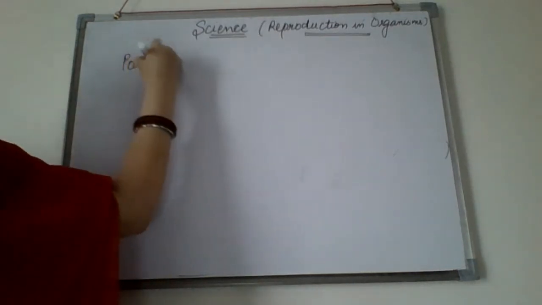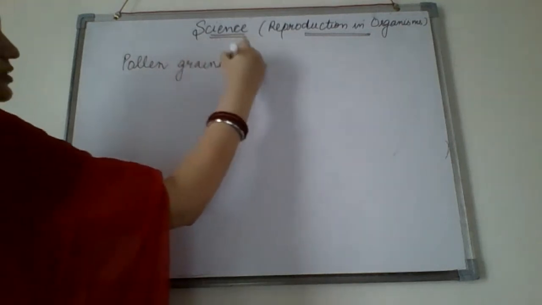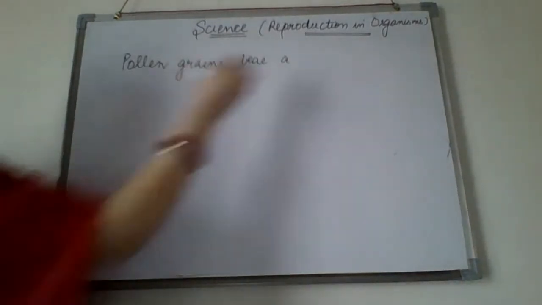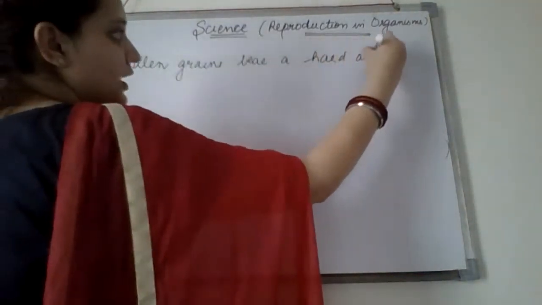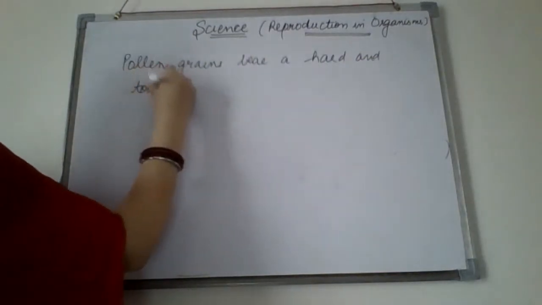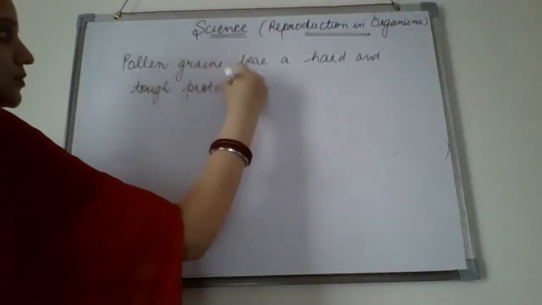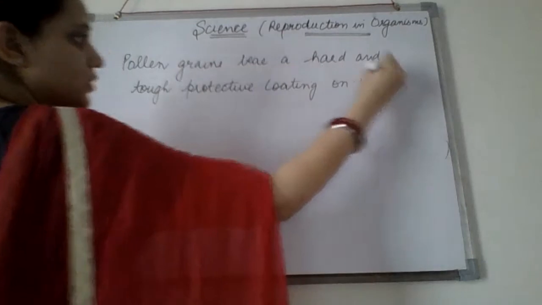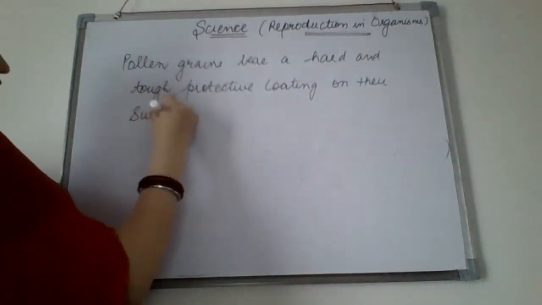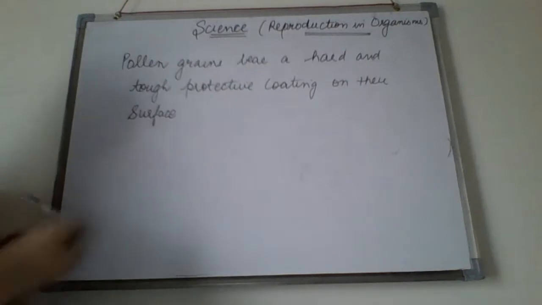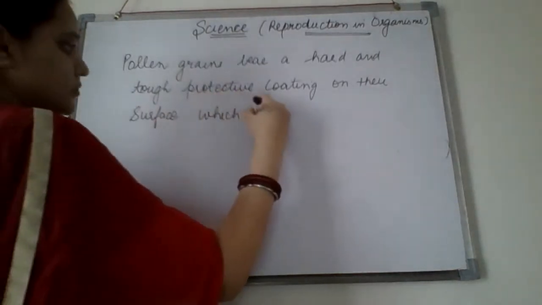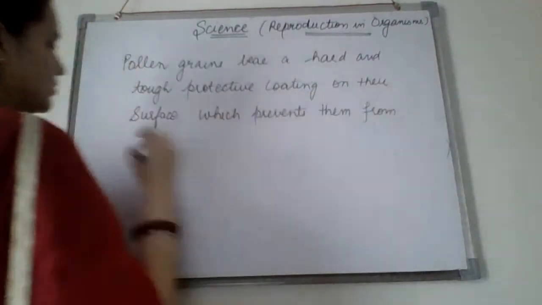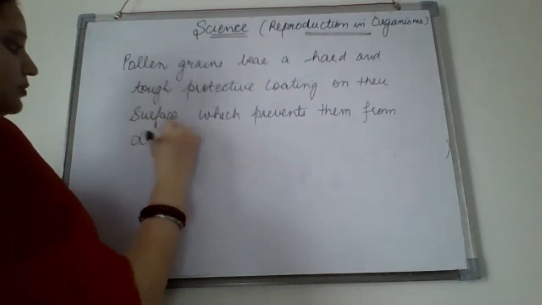The pollen grains bear a hard and tough protective coating on their surface, and this coating prevents them from drying.